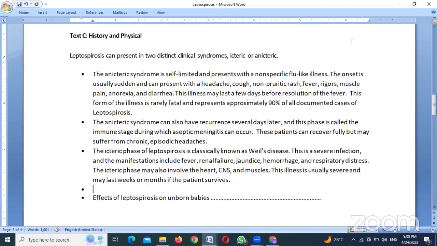What are your keywords? What are you looking for, Dr. Aftab? Sir, I'm looking for transfer in the baby word. So you are looking for unborn babies, okay? Yes, sir. And effect of leptospirosis. Yes, sir.